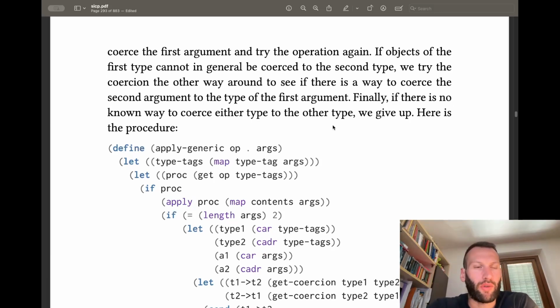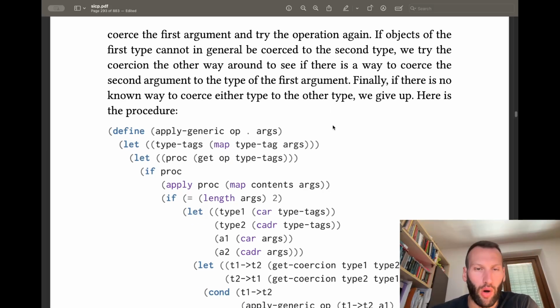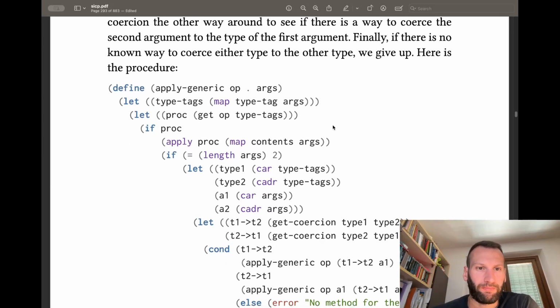If objects of the first type cannot in general be coerced to the second type, we try the coercion the other way around to see if there is a way to coerce the second argument to the type of the first argument. Finally, if there is no known way to coerce either type to the other type, we give up. That is the procedure.